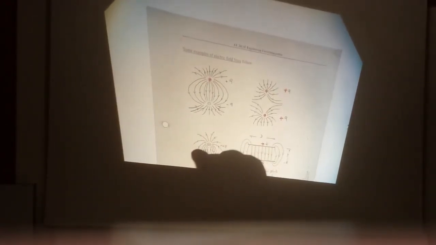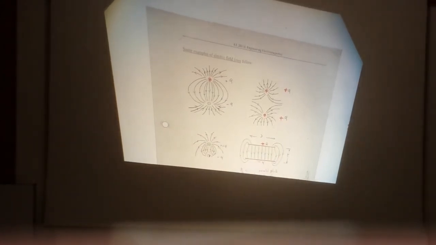Plus 2Q, minus Q. You can say the number of lines that come out from there, half of it will end up here. The rest will finish with the charge of minus Q at infinity. Infinity is a very convenient way of getting out of a difficult spot.